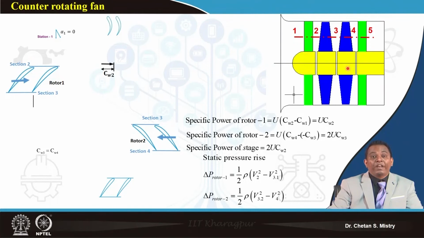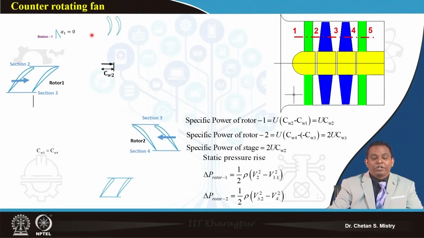This is a very interesting case when we are discussing different configurations. Here we have the inlet guide vane and outlet guide vane. There are many configurations in which we do not have an inlet guide vane and outlet guide vane in combination with a contra-rotating fan. These struts are provided only for support.